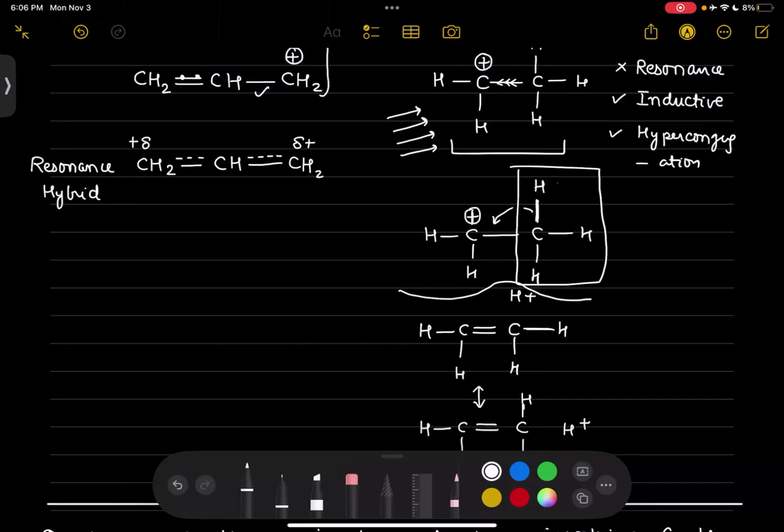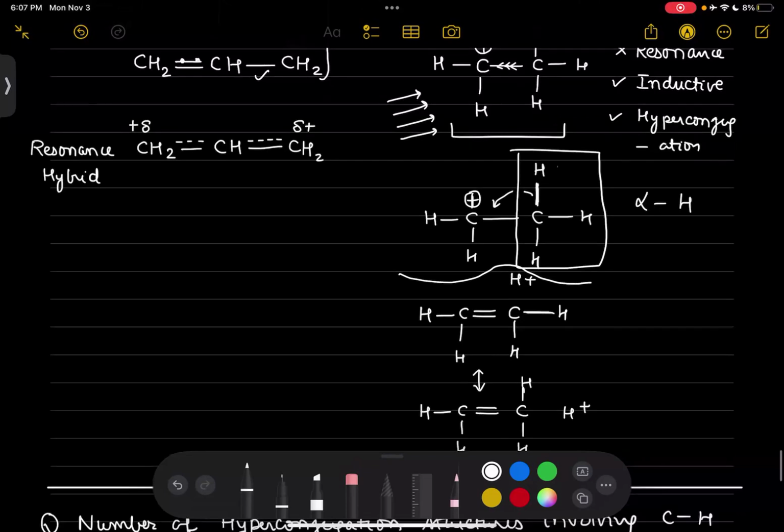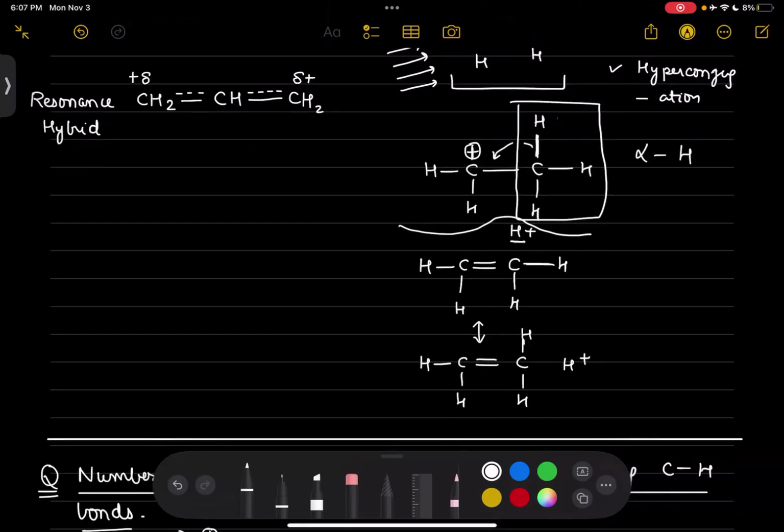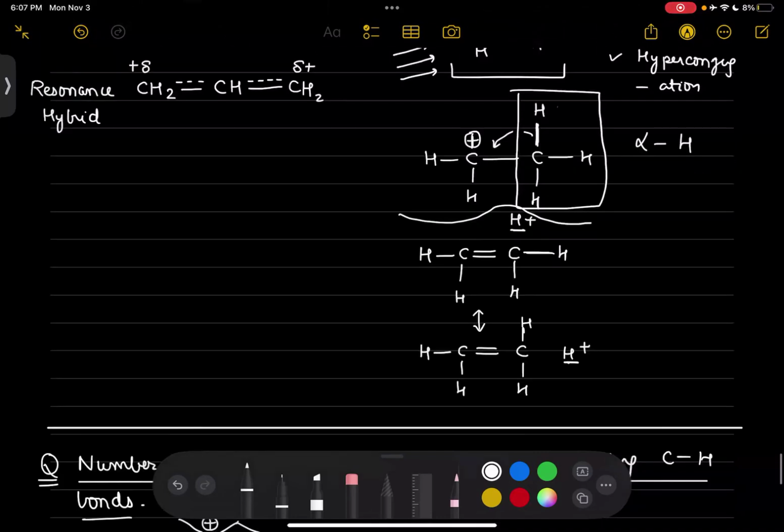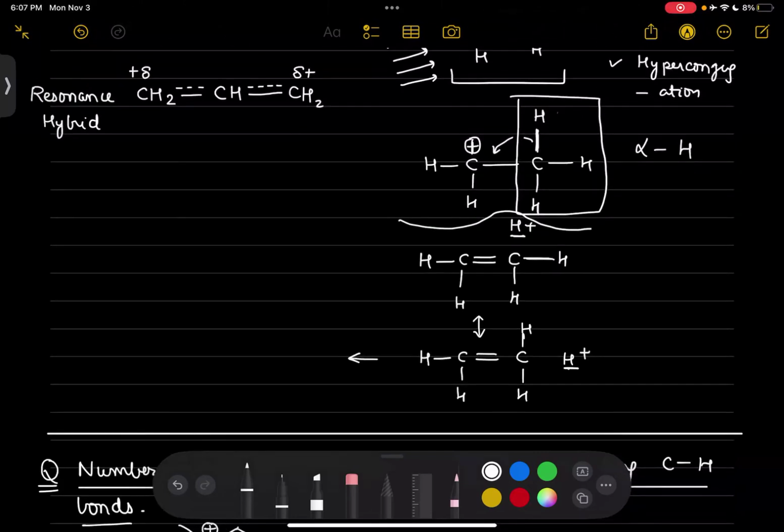Yes, sir. So these are the 3 CH bonds which we have shown one by one. That's why you can see H plus here, H plus on this, and H plus on the lower one, which I have not written. I can write it here.